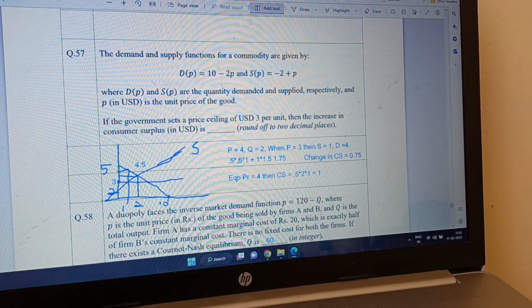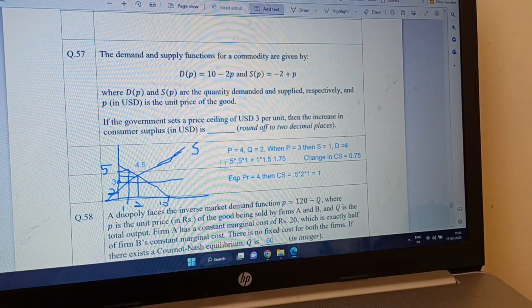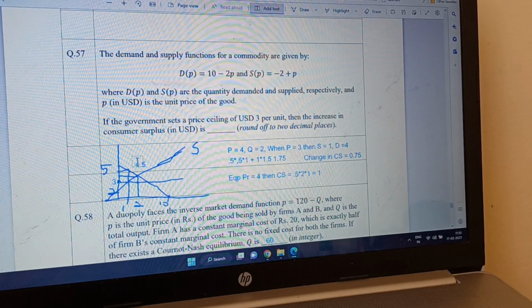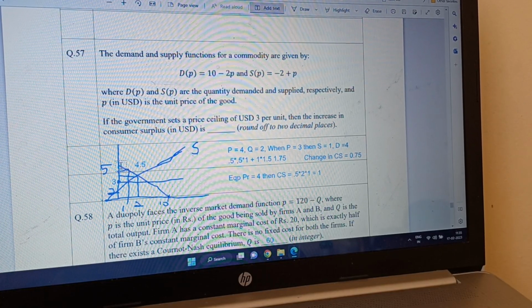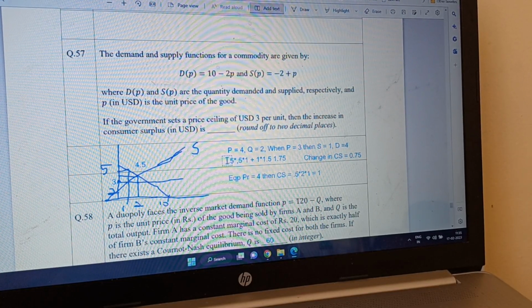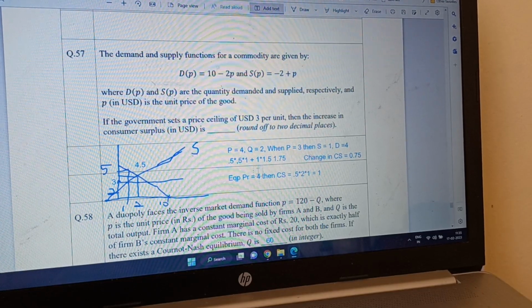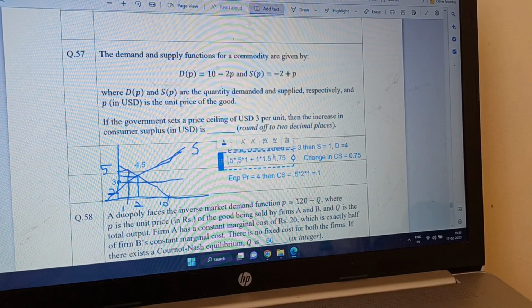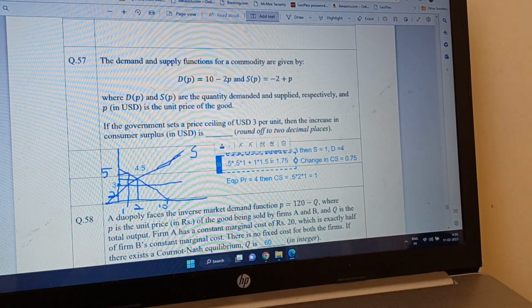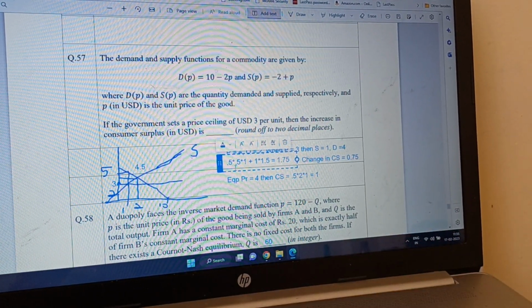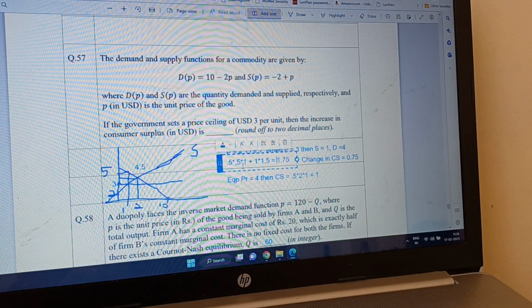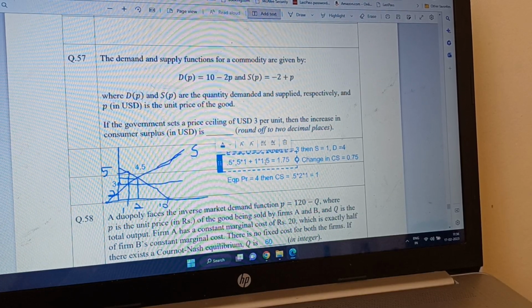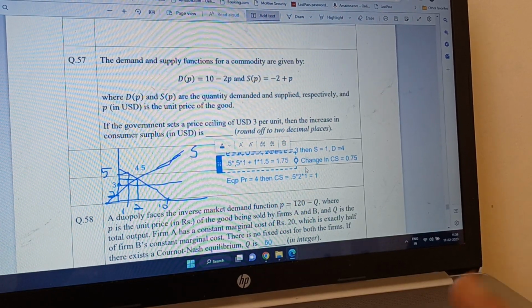And then what is the area of that triangle? Here also the base is 1, and the height is 0.5 because 5 minus 4.5 is 0.5, and since it is a triangle I multiply it by 0.5 to get the area. 0.5 times 0.5 is equal to 0.25, and the rectangle is 1 times 1.5, so 1.5 plus 0.25 is equal to 1.75.